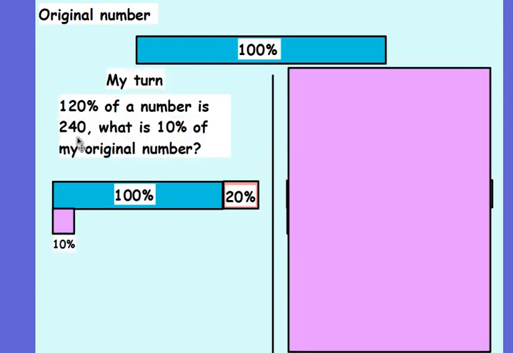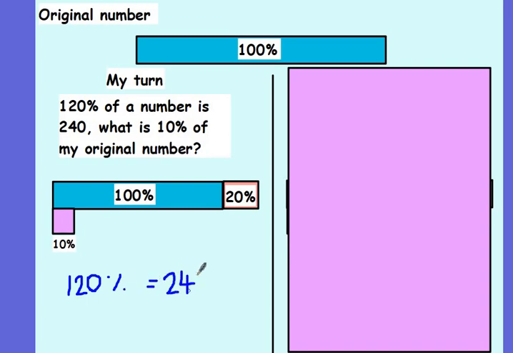Okay, back to my original example. If 120% of a number after my 20% increase is 240, what is 10% of my original number? I've drawn it as a bar. Here's my 100%, here's my 20%, so I've now got 120%, which is 240.